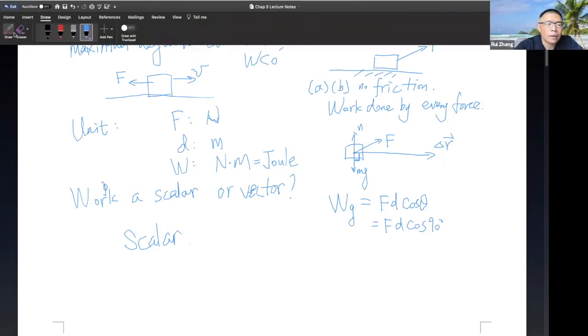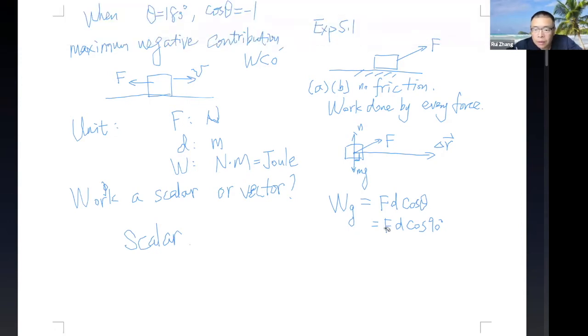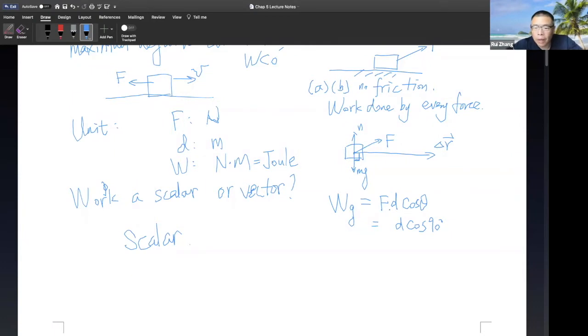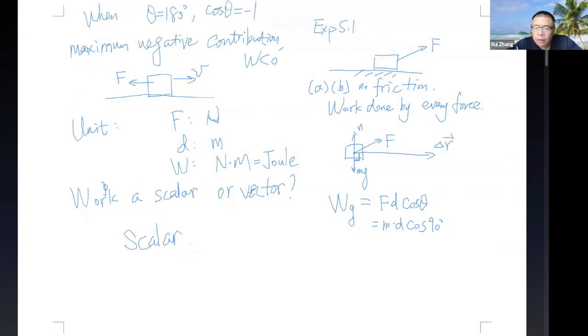Let me erase this and put mg here. So the force is mg, the distance d is 5 meters, and the angle is 90 degrees. But you don't have to calculate, because cosine 90 gives you 0. So this work is 0, as it should be, because this force is perpendicular to the displacement.